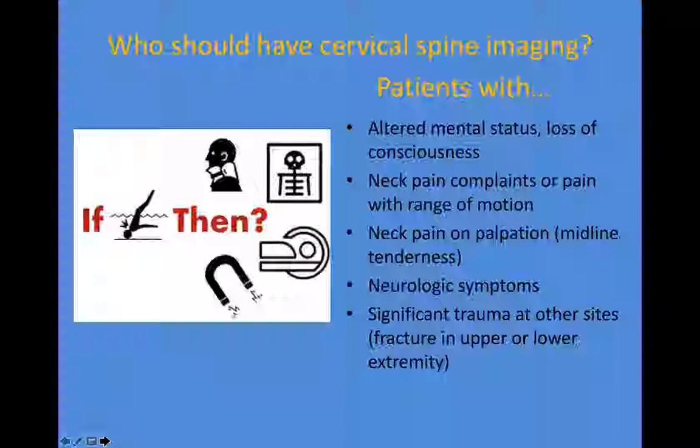If you palpate their midline posteriorly and they have tenderness, that's another sign that should prompt you to get cervical spine imaging. If they have any neurologic deficits whatsoever, and then significant trauma at other sites. So any kind of mechanism that's bad enough to cause them to have a fracture in their leg or their arm might prompt them to be able to have cervical spine trauma as well.